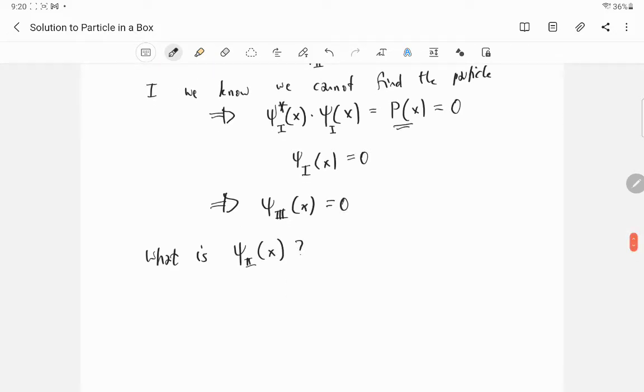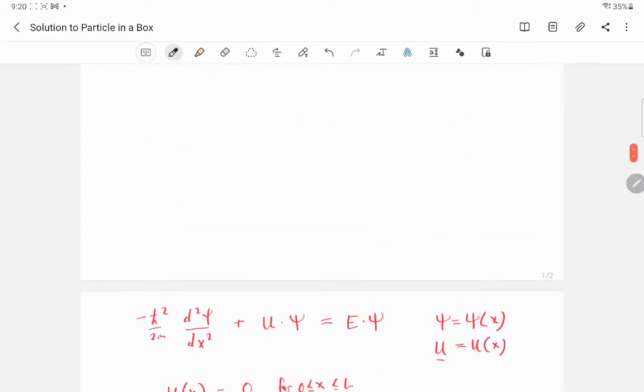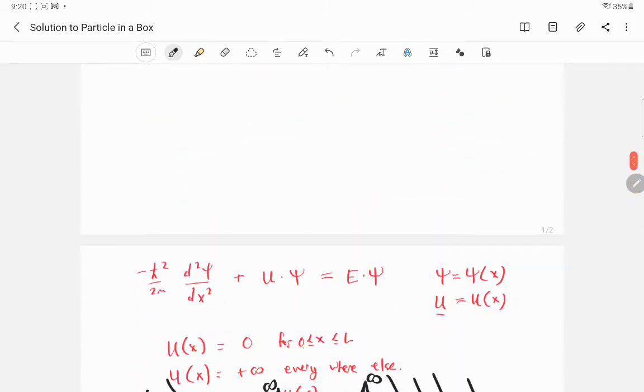And we just need to use Schrodinger's equation, but only in region 2. So here's Schrodinger's equation. We're going to use it in region 2. In region 2, the wave functions are the region 2 wave functions. The energy is not regional because remember, the energy is not space dependent.